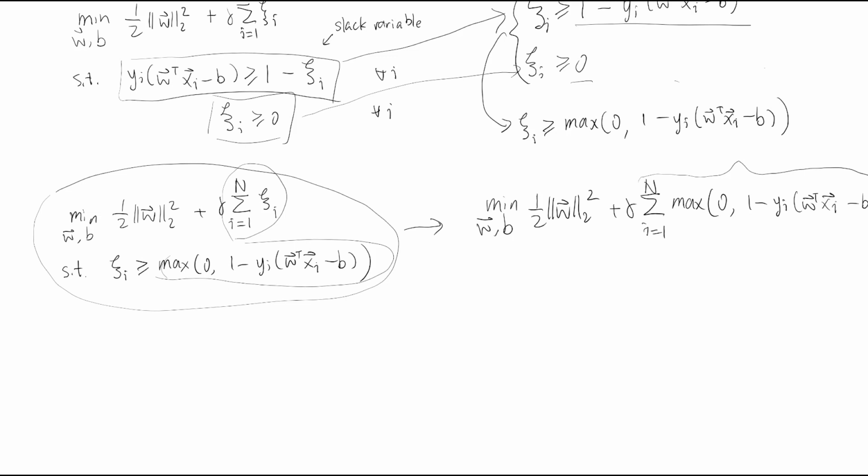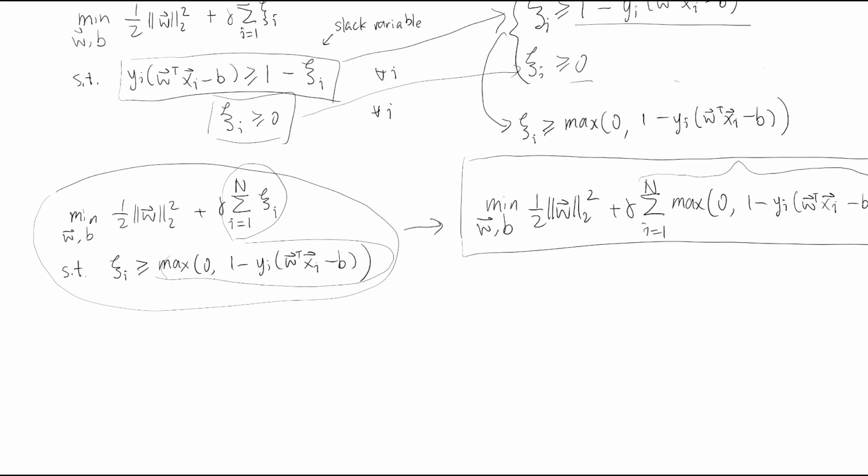For the optimal ξi, you always want them to be exactly equal, to be tight. Therefore, we can simply move the ξi greater than or equal to constraint into the objective, and that's equivalent. Now we have an unconstrained optimization problem for the soft margin SVM.